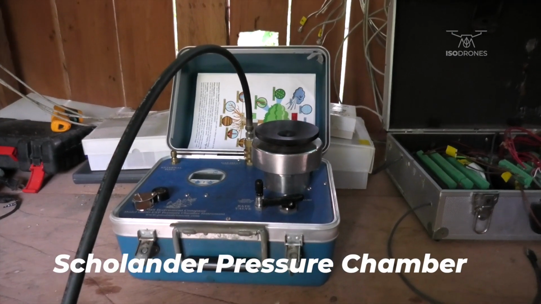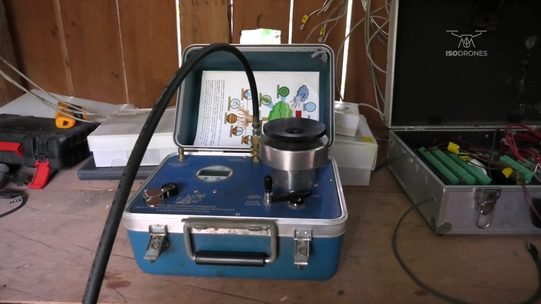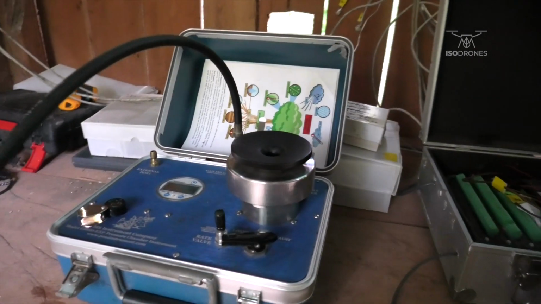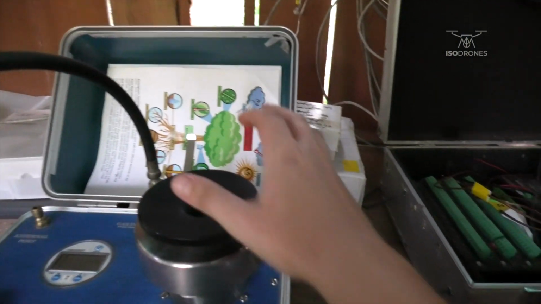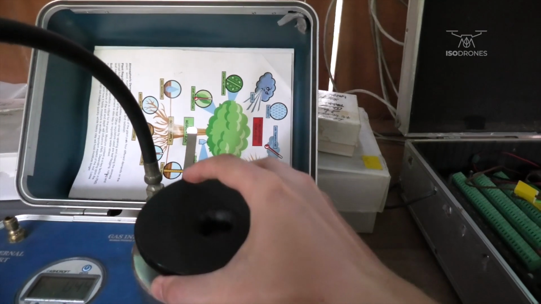It's a Scholander pressure chamber, also called Scholander bomb, but we avoid that term if we go across borders. Its central unit is this pressure chamber inside here, where you can enclose a leaf.